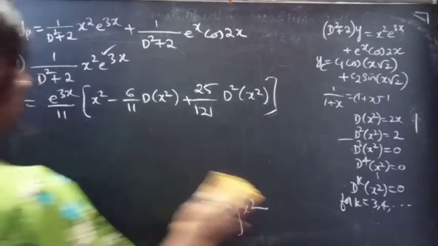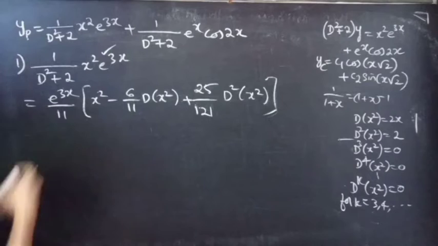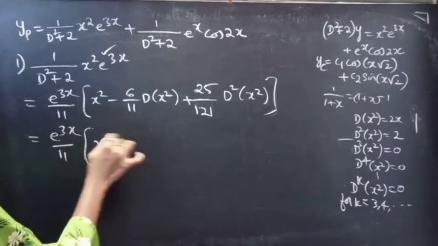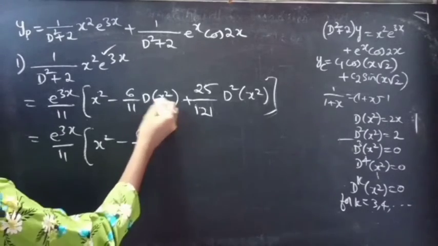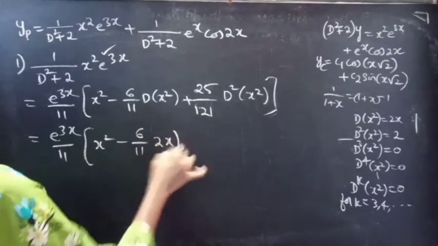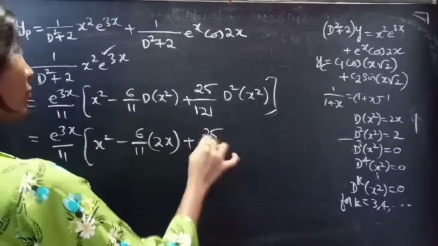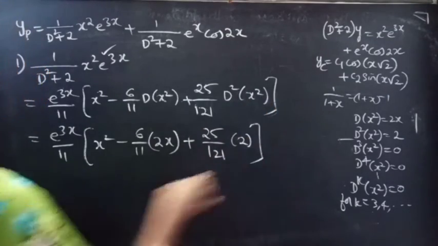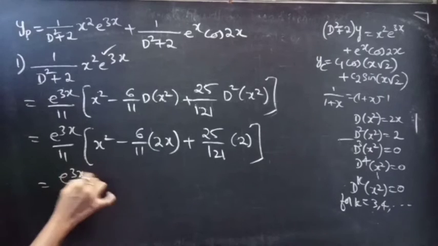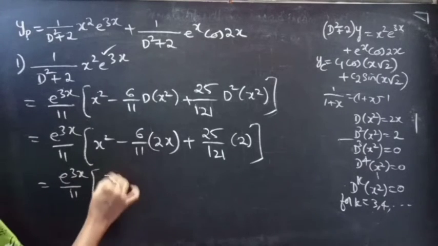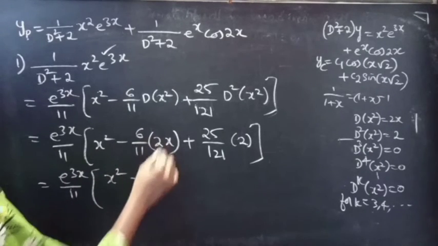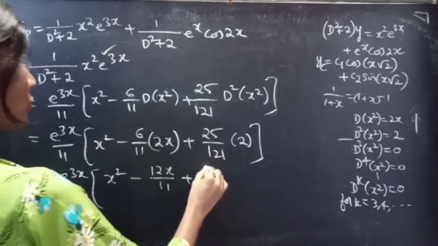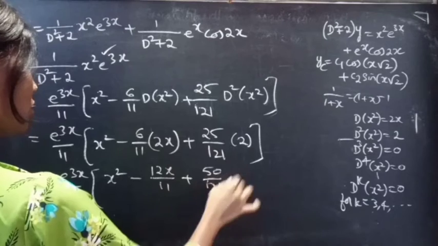So let's place the values here. Derivative of x square is 2x, and d square of x square is 2, which is equals to e power 3x by 11 into x square minus 6 twos are 12x by 11 plus 25 twos are 50 by 121.